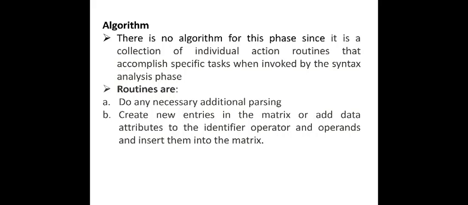There is no algorithm for this phase, since it is a collection of individual action routines that accomplish specific tasks when invoked by the syntax analysis phase. Here we use routines that do not necessarily need additional parsing, and they create new entries in the matrix or add data attributes to the identifier, operator and operands and insert them into the matrix.